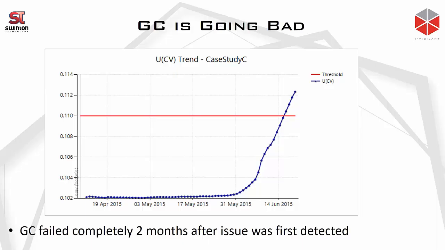Now, even if we don't identify a problem with the GC, the best thing we can get out of this method is to understand the actual performance of the GC, because this can also be used to look at its actual uncertainty.